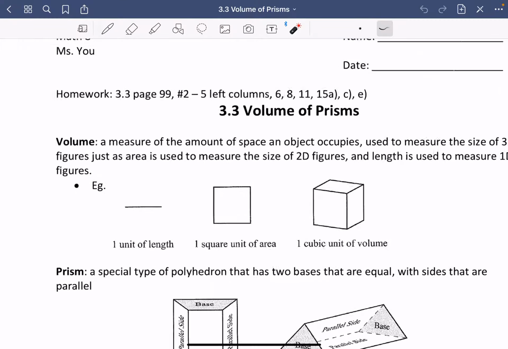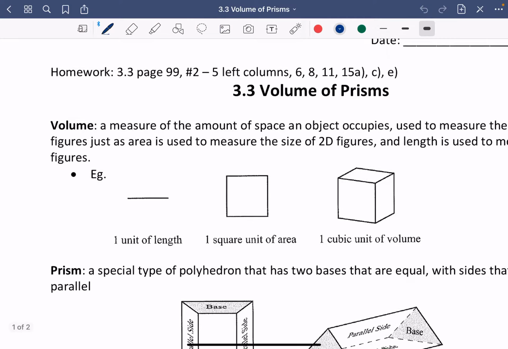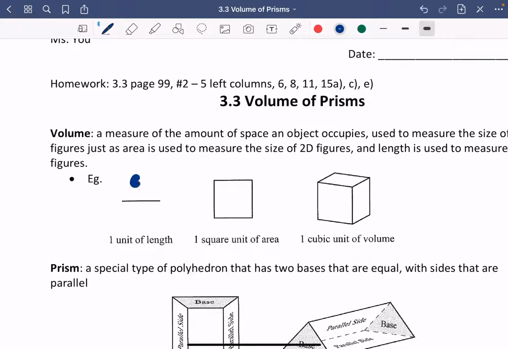So here's an example. If you have a straight line, it's a one-dimensional figure. You can measure it using the unit for length, for example, meters, centimeters, etc. So if the unit was centimeters, centimeter is the unit of length, okay?